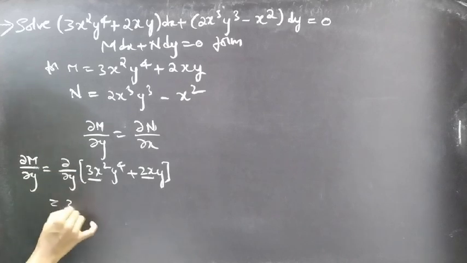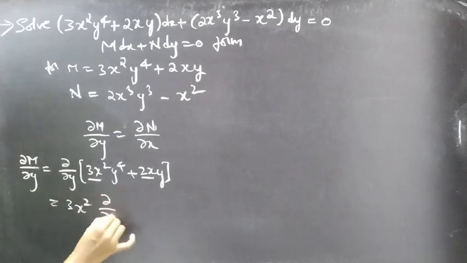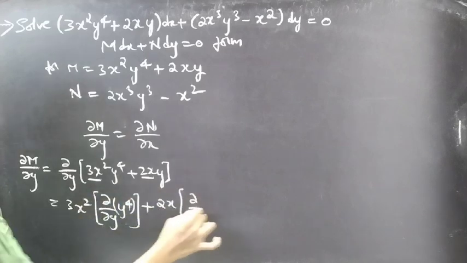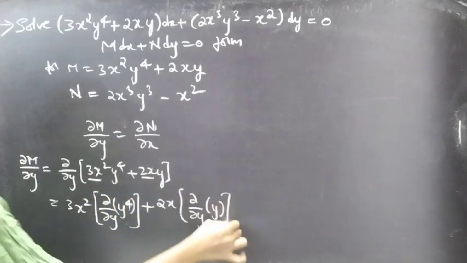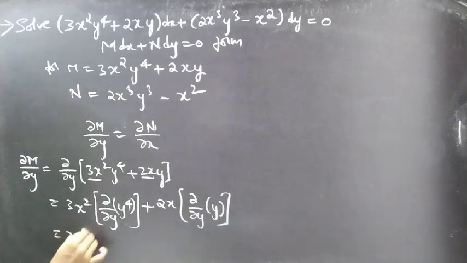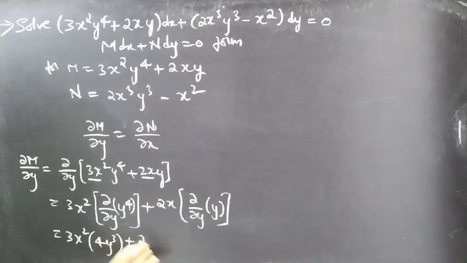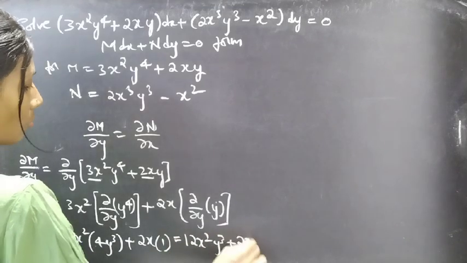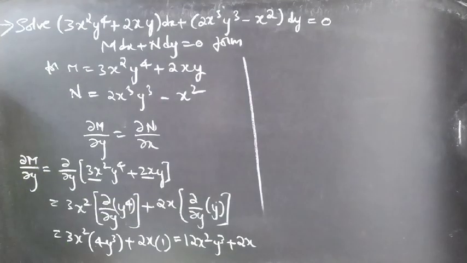So we can write this as 3x² into the partial derivative of y⁴ with respect to y plus 2x into the partial derivative of y with respect to y, which gives us 3x² into 4y³ plus 2x into 1, which gives us 3 4s are 12x²y³ + 2x, right?